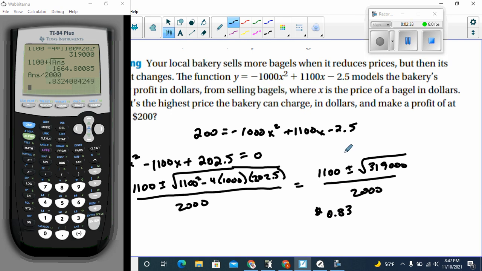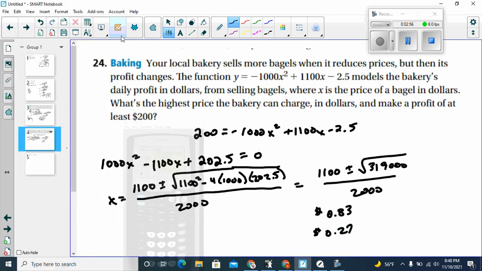Let's round to the nearest cent. $1,100 minus square root of 319,000 divided by 2,000. 27 cents. This parabola opens down. So there's 27 cents. There's 83 cents.